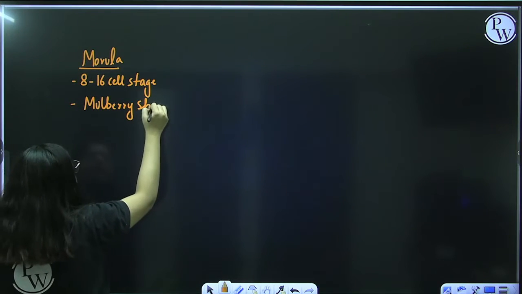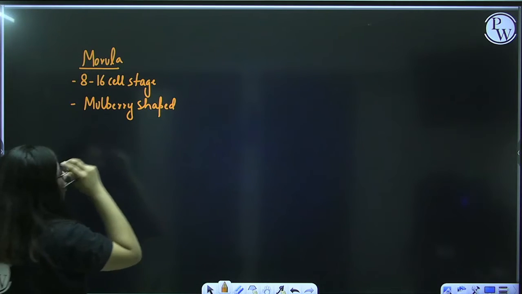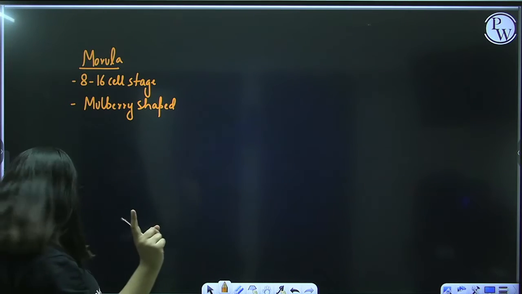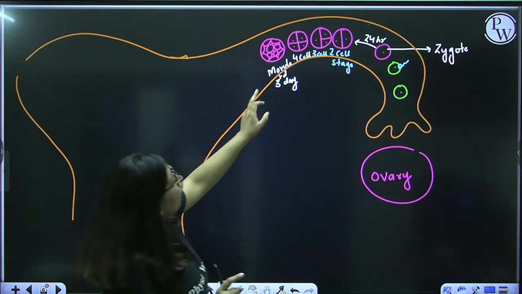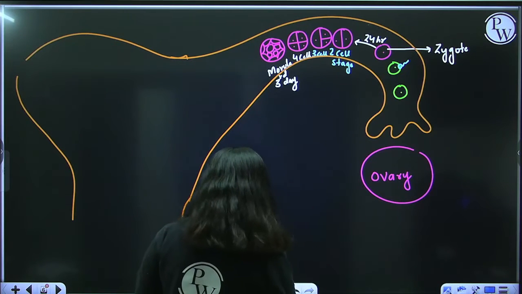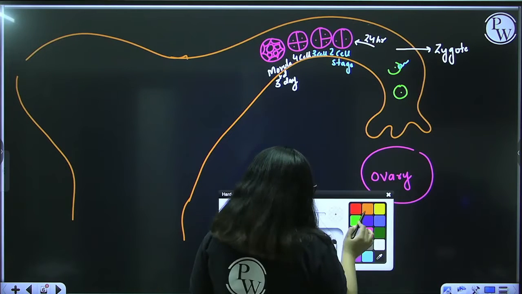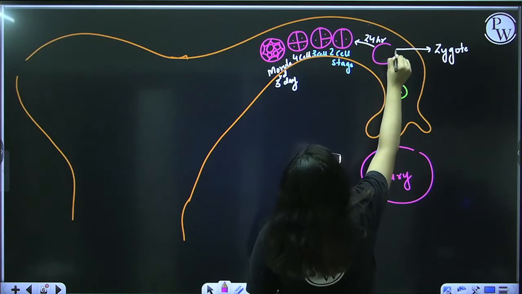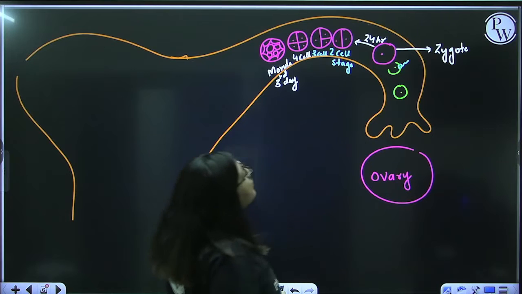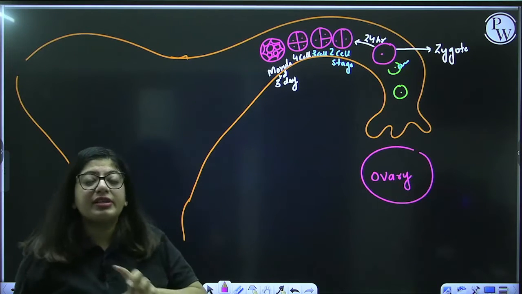It is mulberry shaped. If you have seen carefully, the zygote is a little small structure. Let me make it bigger. The size of a zygote and the size of a morula is the same.